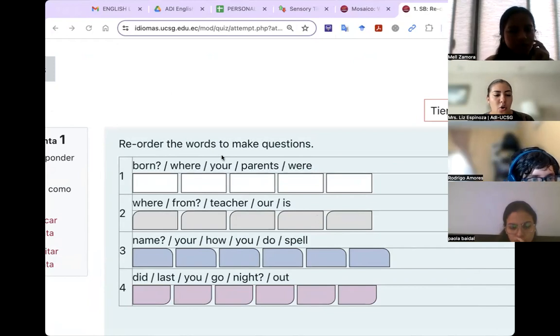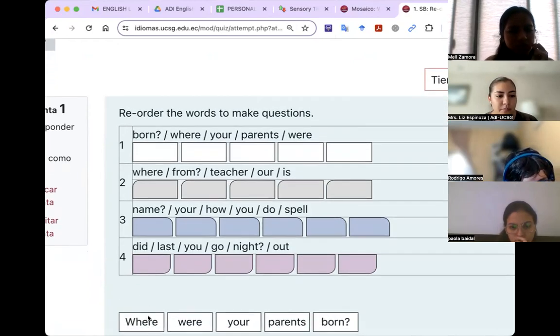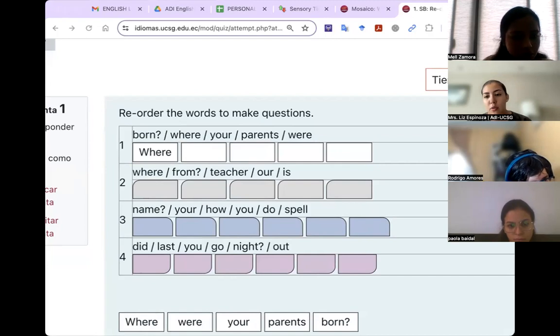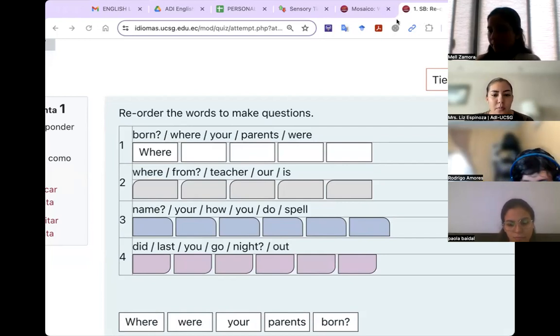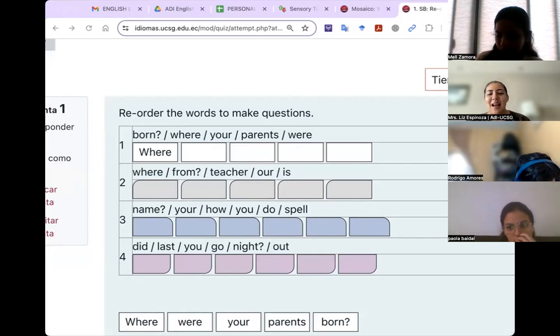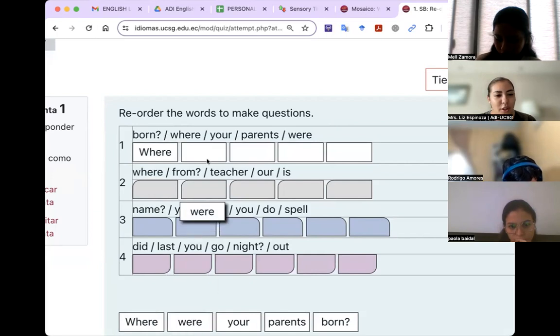So I'm gonna click on where first, because it's the WH word, right? Remember that you need an auxiliary or a WH word in order to start with questions, okay? Then we have the options. I think this one is quite in order, so we don't have to actually think a lot on the options.